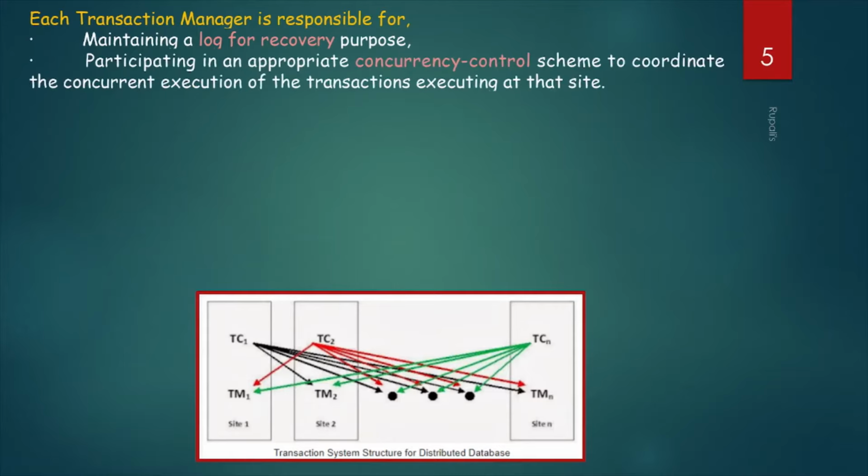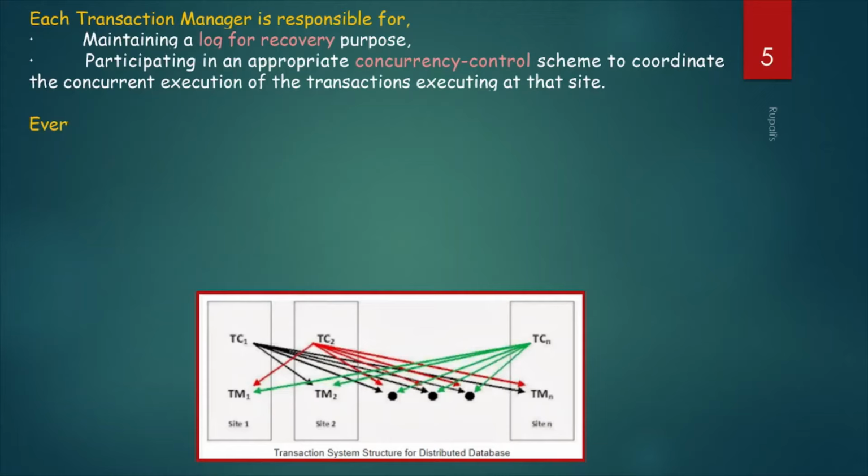And the second one is participating in an appropriate concurrency control scheme to coordinate the concurrent execution of the transactions executing at that site. That is, if two or more transactions are done concurrently, then this concurrency control is done by the transaction manager.